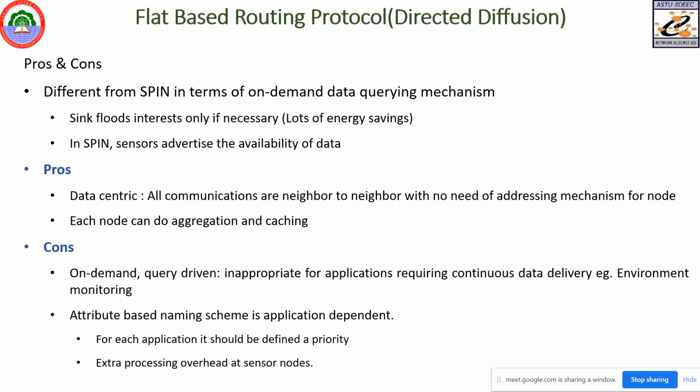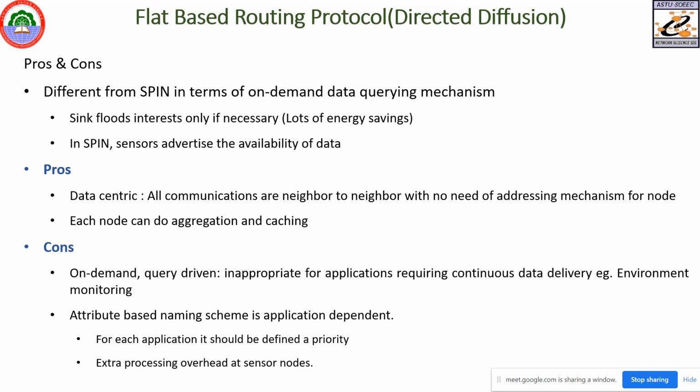As it is a data-centric routing protocol, we do not need any kind of IP addressing, so that the node can easily adapt to the routing path. But there are some disadvantages.